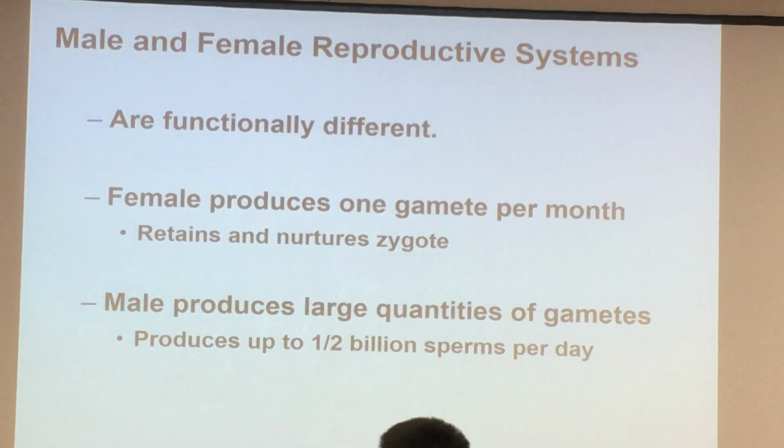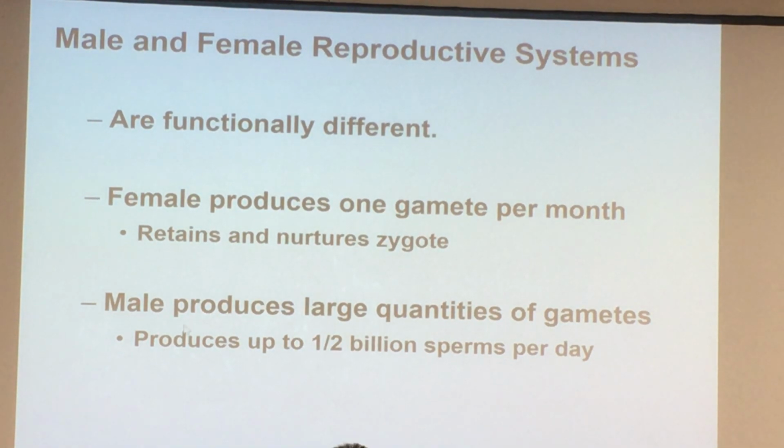Now, the basic difference between male and female in the reproductive system is very interesting. They are functionally different. The female produces the gamete, the egg, slowly, usually once per month. And when they produce it, they want to retain it and keep it. The whole body structure wants to keep it and nurture it, if it is fertilized with sperm, and then it becomes a zygote and a baby.